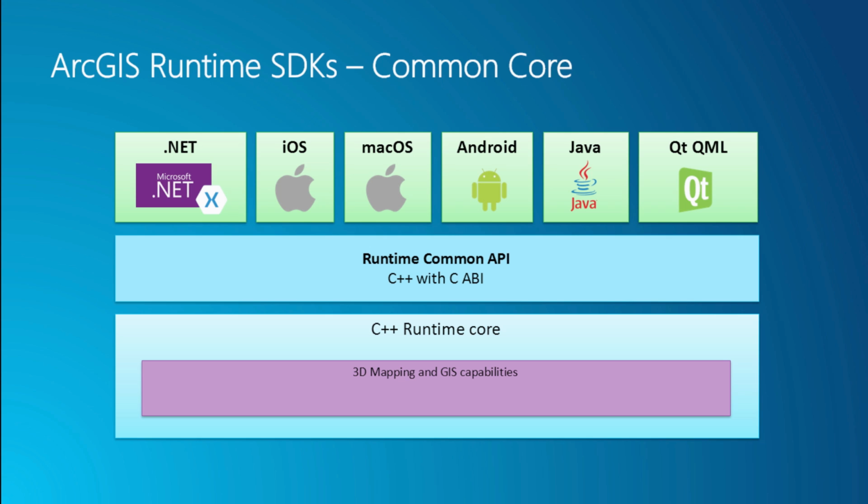This is a common core written in C++, designed to be highly performant and designed to make the most of resources that are available to devices that are running these applications. Now, most of the capabilities that we see and can utilize in all aspects of the runtime, including 3D, most of those are implemented at the core, so that we're able to take advantage of this pervasively across all device types and across all platforms.